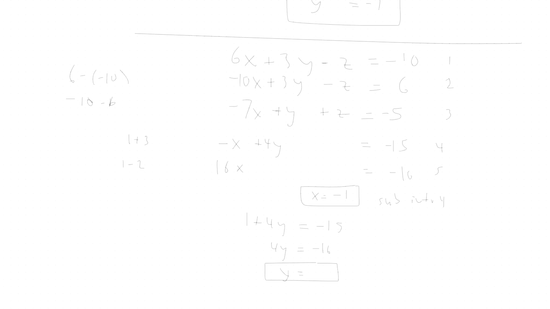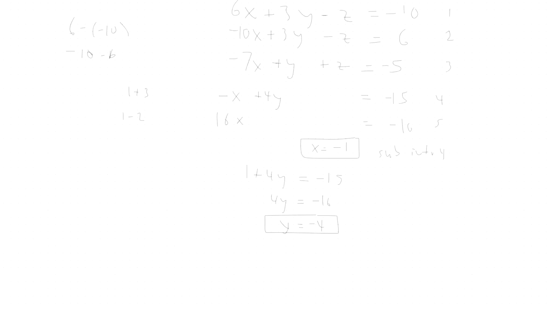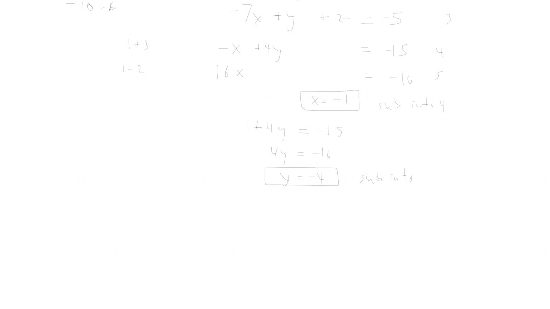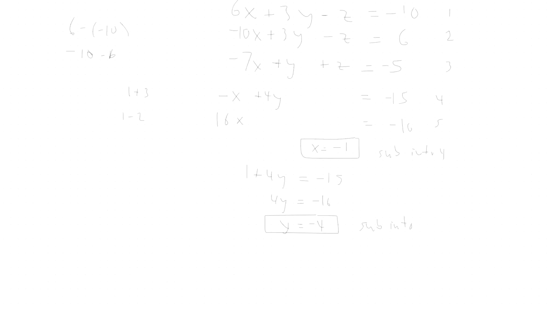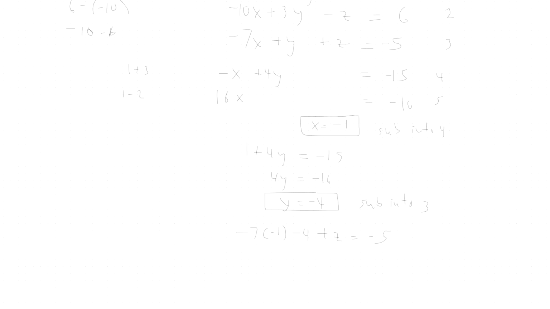So we're going to sub that into any of the original 3 equations. The easiest one would be 3. Sub into 3. So -7 times -1 plus -4, plus z equals -5. -7 times -1 is just 7. 7 minus 4 plus z equals -5. 7 minus 4 is 3. 3 plus z equals -5.